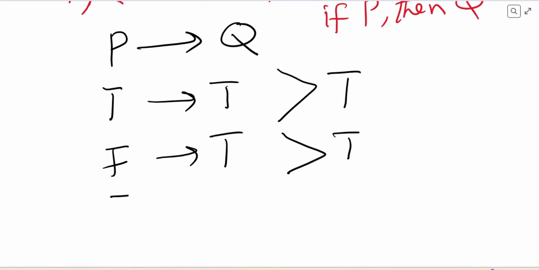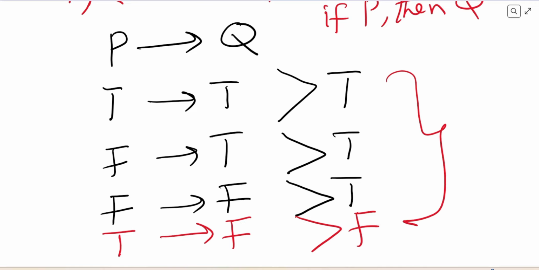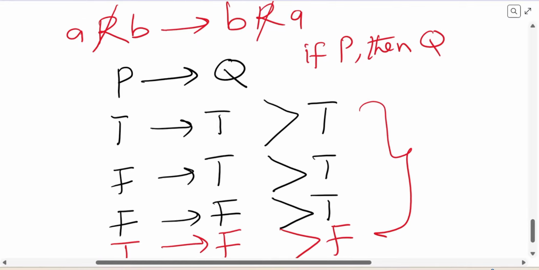Again, if this is false and this is also false, the statement is still true. However, if this is true and this is false, then the statement becomes a false statement. So take note of this. And I want you to visualize this in a practical way.